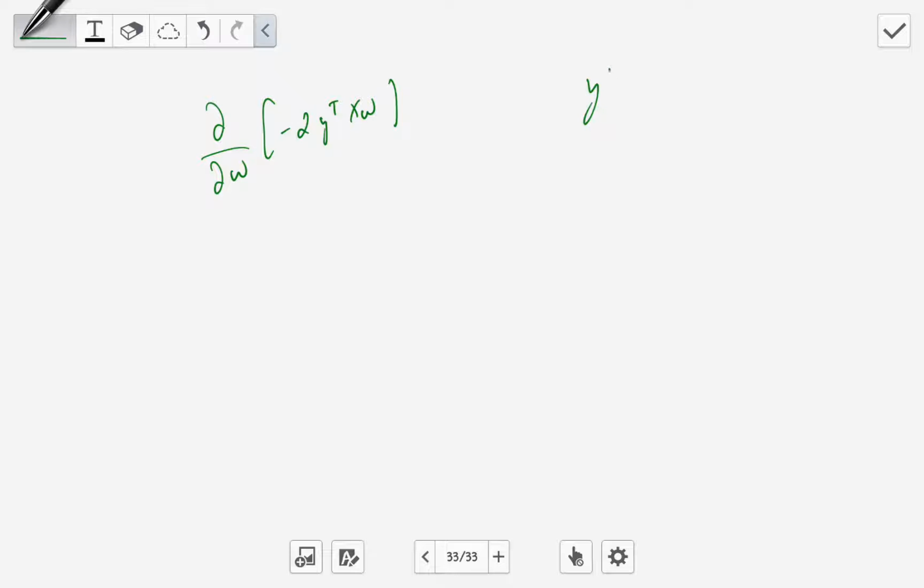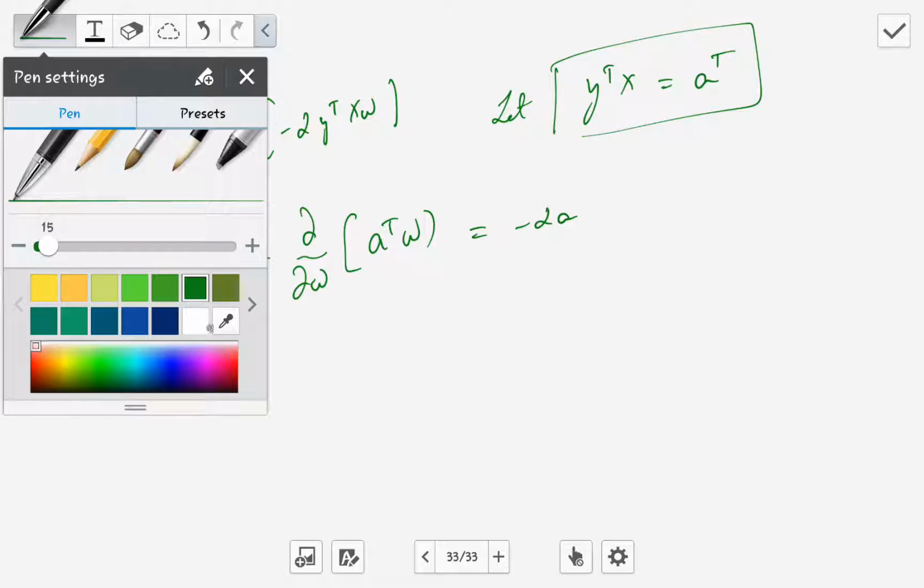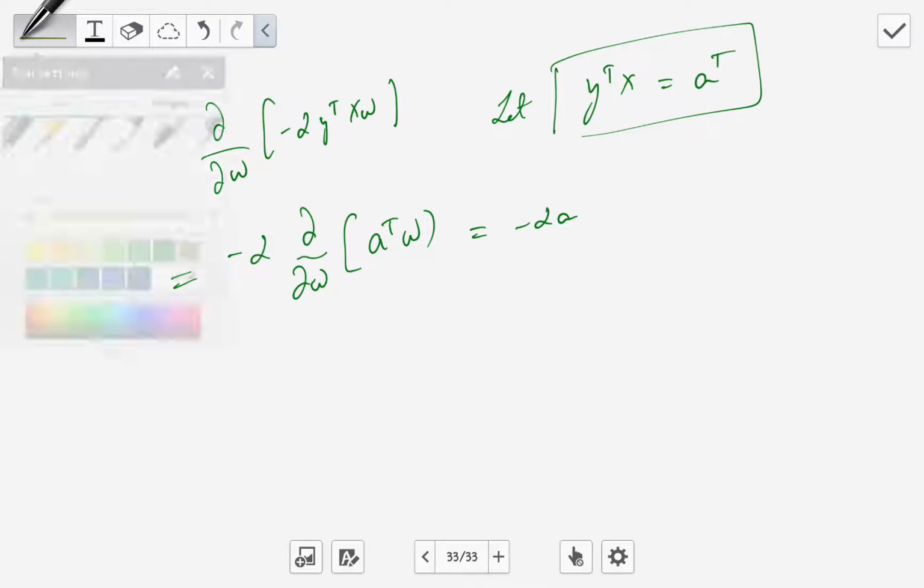Let y transpose x be some a transpose. So this will become minus 2 d by dw of a transpose w. This will be minus 2a from the matrix calculus review that we did.